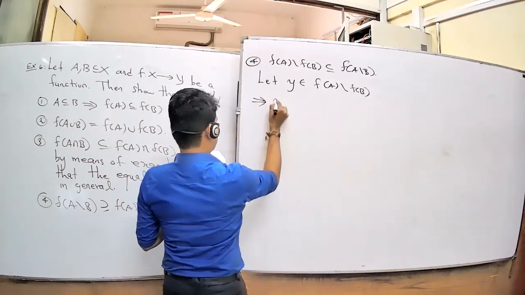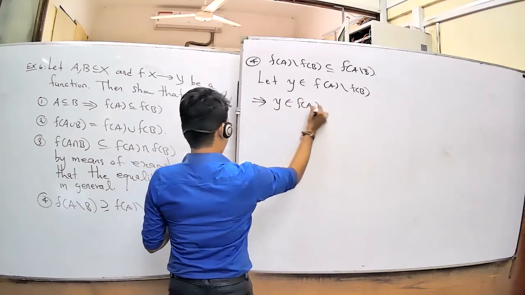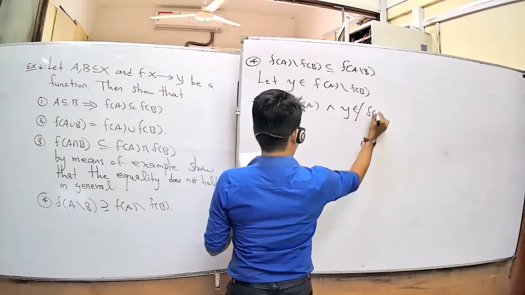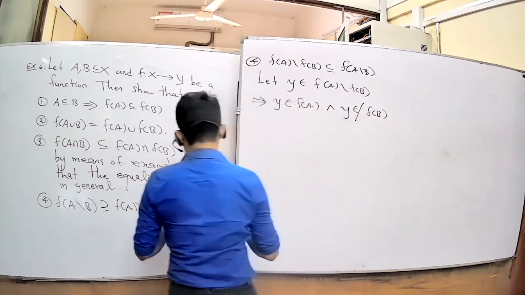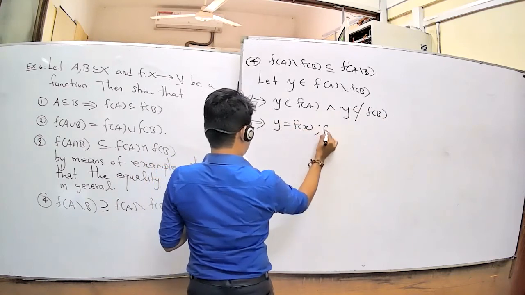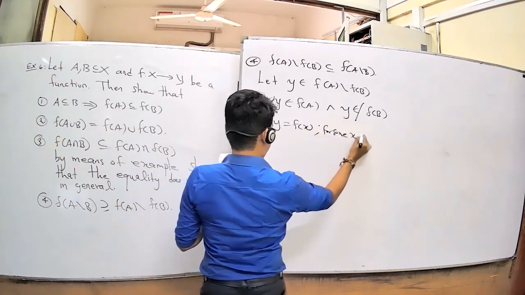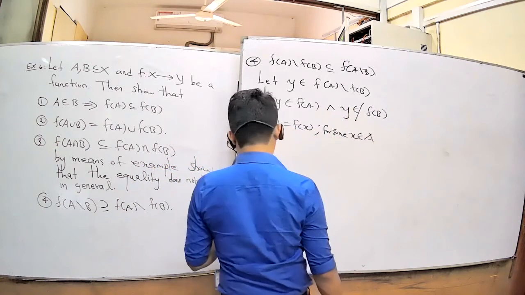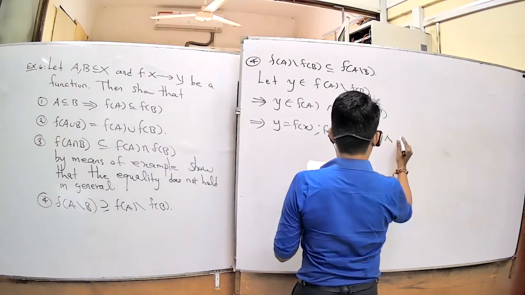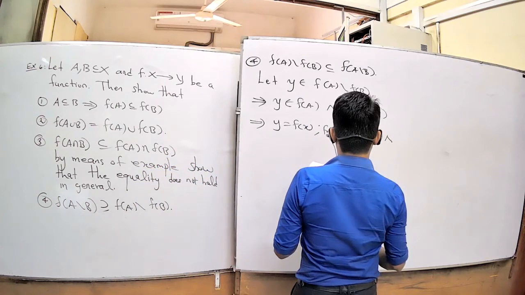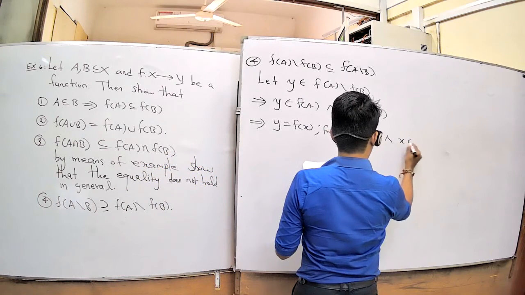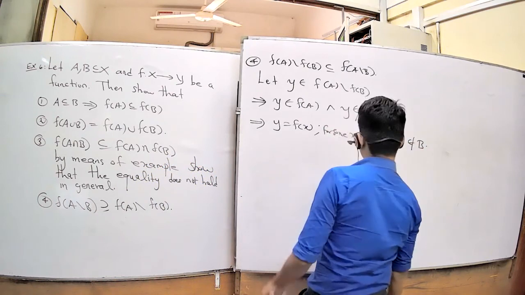This implies y belong to f of a and y does not belong to f of b. This implies y equals f of x for some x belong to a, and for such x, x does not belong to b.